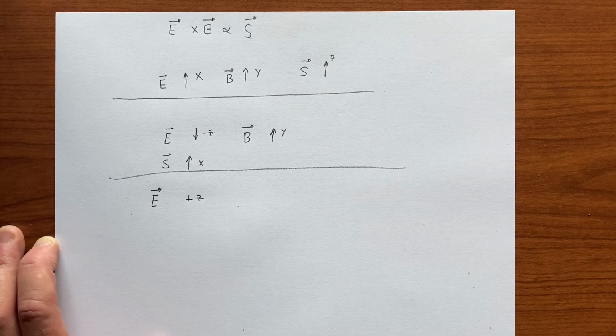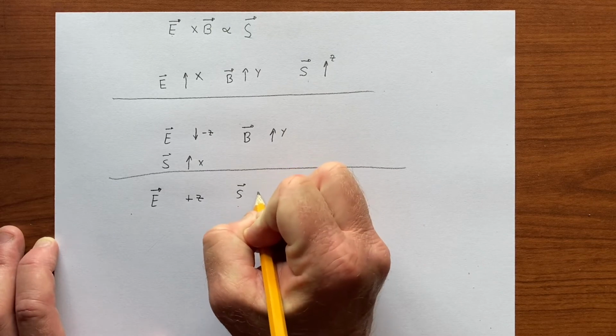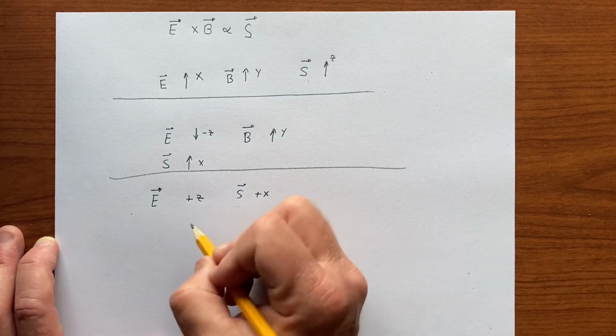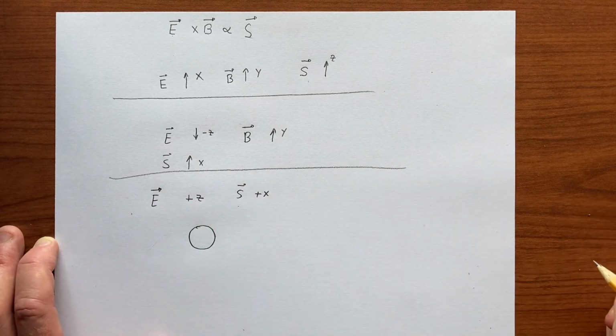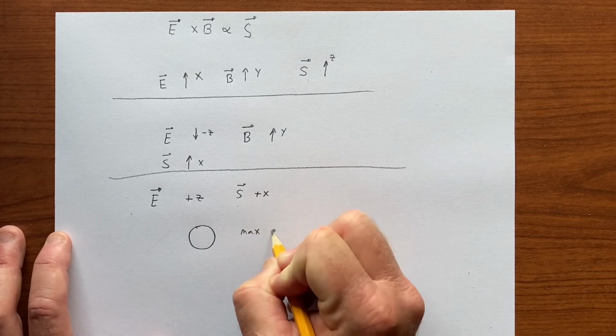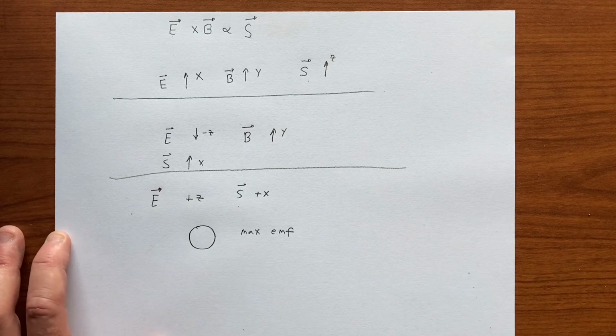Let's say that the wave is traveling in the plus x direction, and we want to find the plane. So we have a circular conducting loop, and we want to get the maximum EMF. So we want the max EMF to be generated in this loop. What's the orientation? In what plane should we place this?